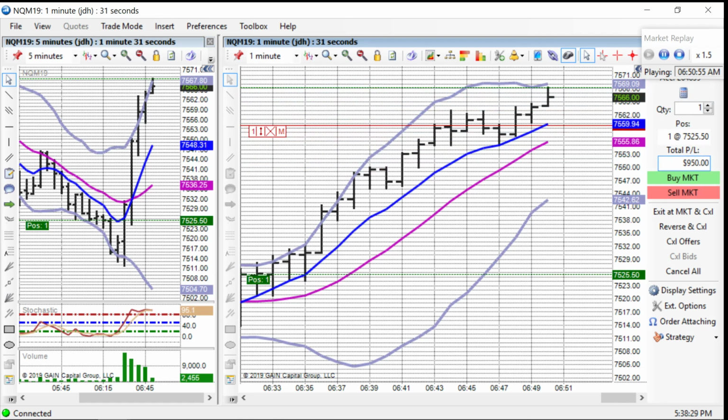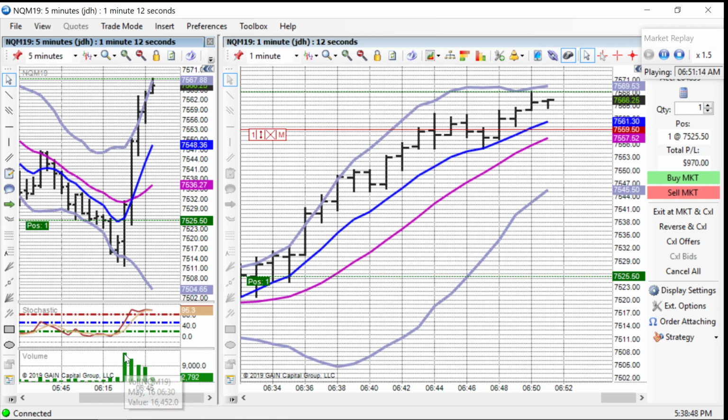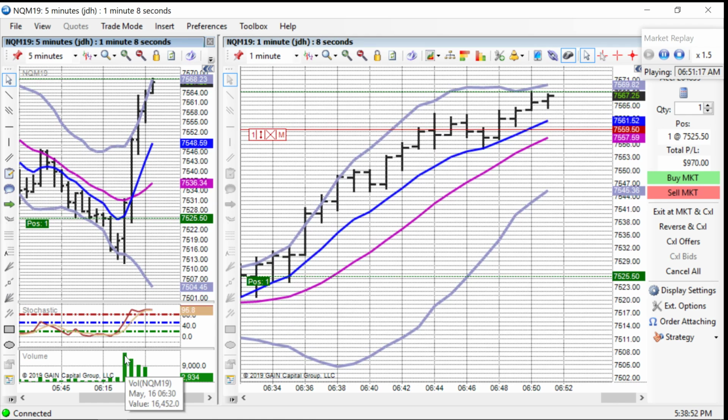because these markets are electronic, and if you look down here on the left hand side in the 5-minute chart, look at the volume we're dealing with. We're dealing with pretty good volume, and so that's a lot of contracts changing hands. So up here would be 16,000. That means good liquidity, the higher the volume is.